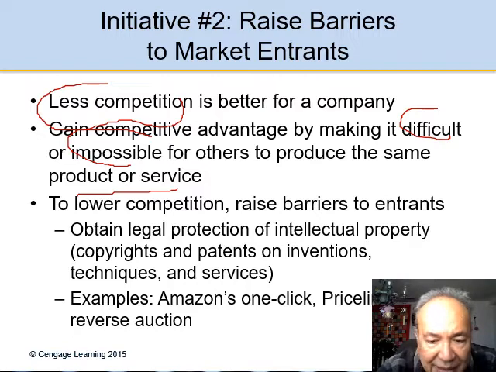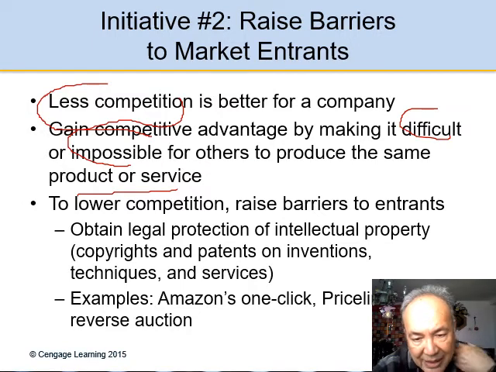You see, the United States government protects intellectual property because we're capitalists. In a capitalist economic system, the job of the government is to protect private property. There is private property. Examples: Amazon's one-click, Priceline, and reverse auction.